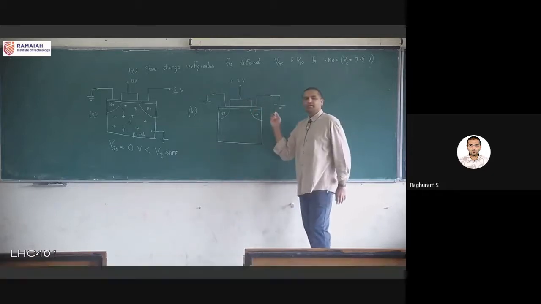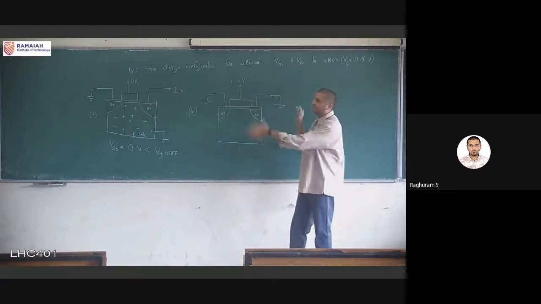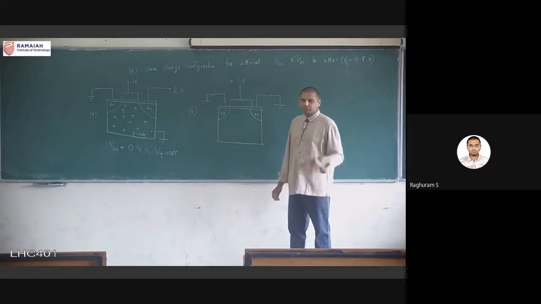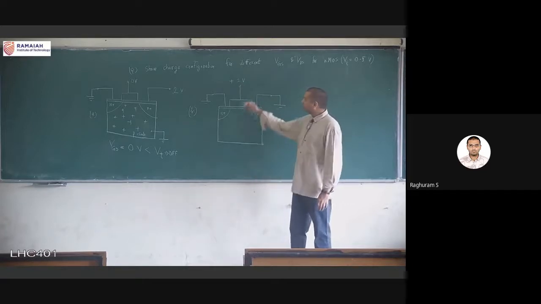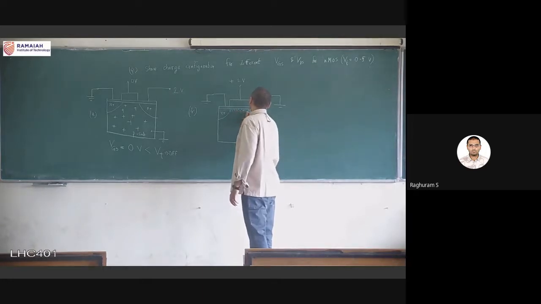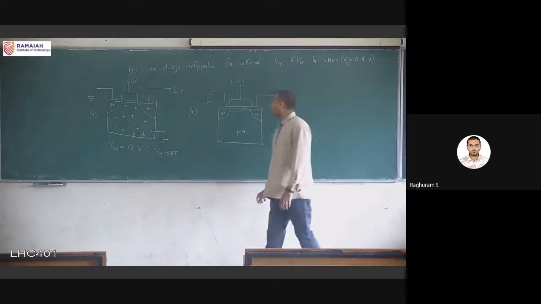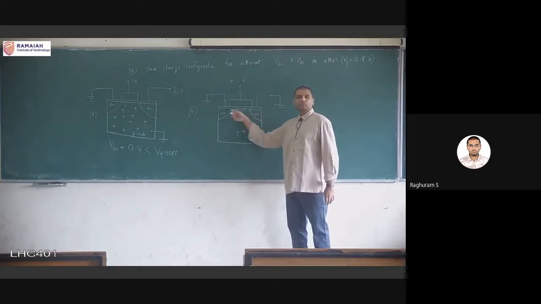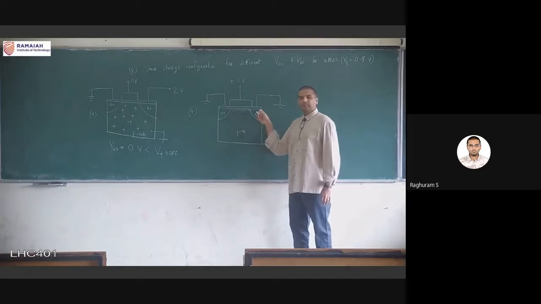Both the source and the drain I am connecting to ground, and only the gate terminal I am connecting to positive 2 volts. So because this is positive, it is going to attract all the minority electrons, plus some electrons from these two very dense regions, and they are going to sit in this region.